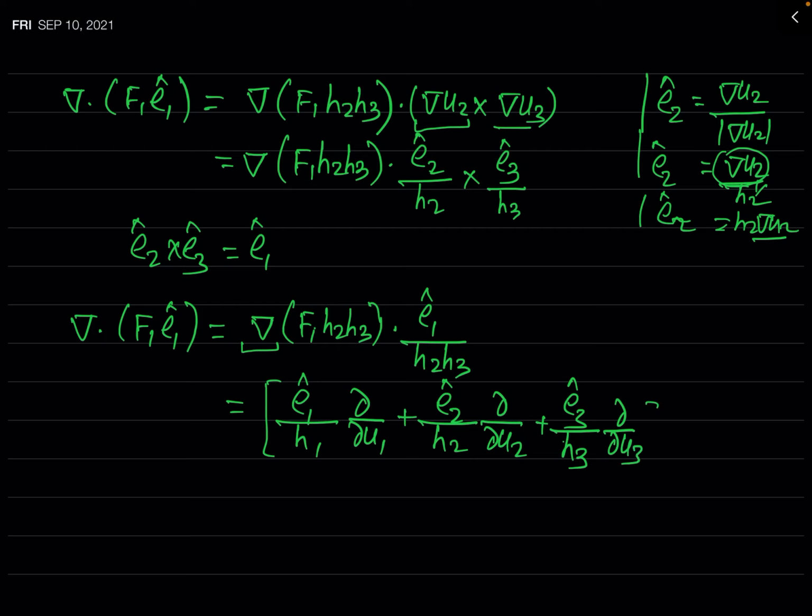This is the expression for the del operator, and it is operated on this function, f1 h2 h3, and the remaining factor is dot e1 hat over h2 h3.